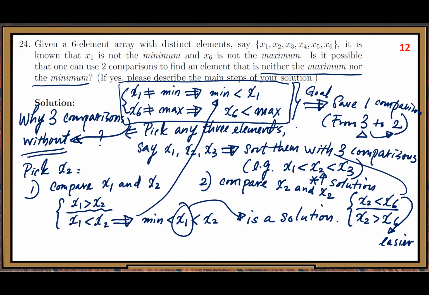Because if you connect to the known information, for this one we will get x2 less than x6 less than max.